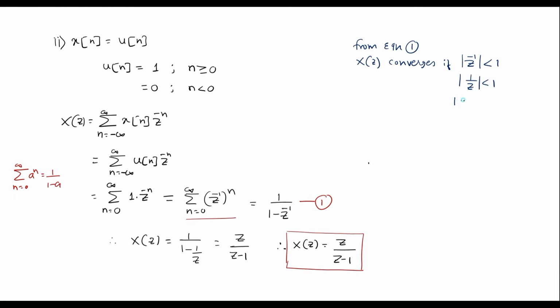We can write it as 1 is less than z, that is, the ROC is z must be greater than 1.